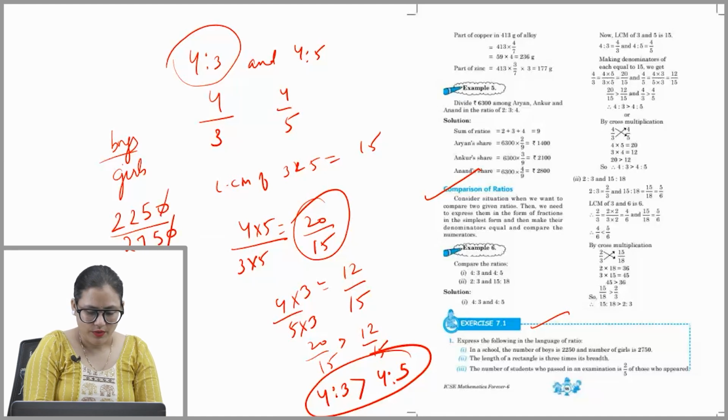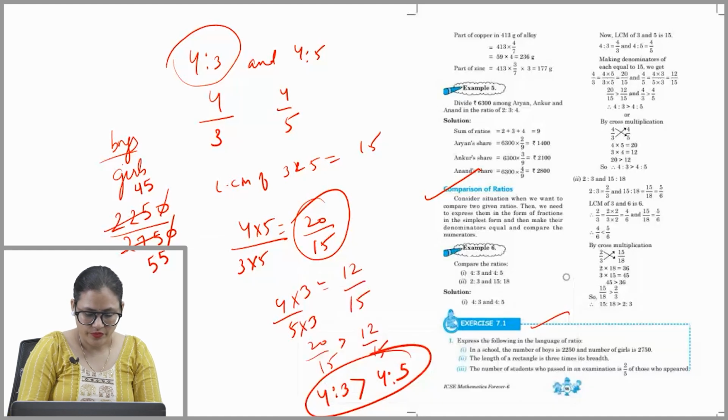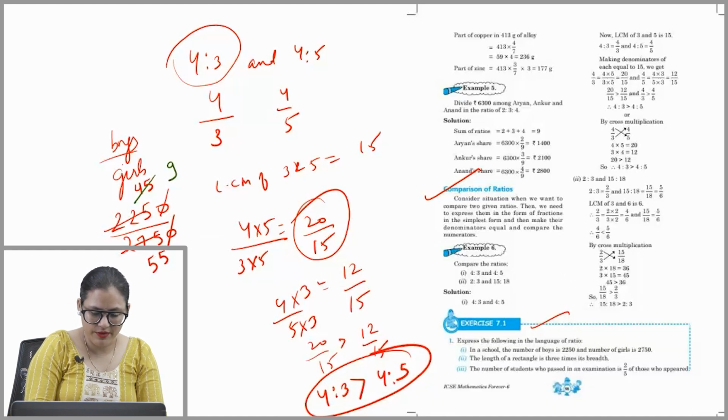Now 5 4s are 20, 5 5s are 25. 5 5s are 25. Now 5 9s are 45, 5 1s are 5. So 9 by 11, that is 9:11.